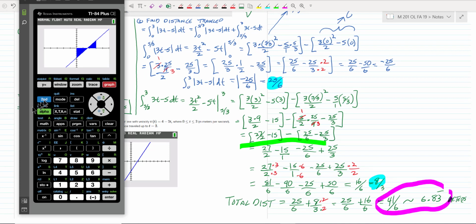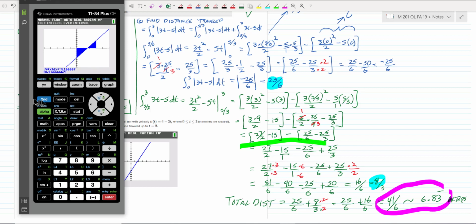I've got the graph on my calculator, so the first thing I would do is the integral from 0 to 5/3. That's the one we did the absolute value of. That's shading in this region, and that gave 4.16 repeating sixes. That's what 25 over 6 is.